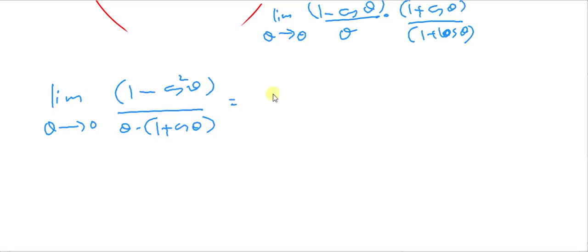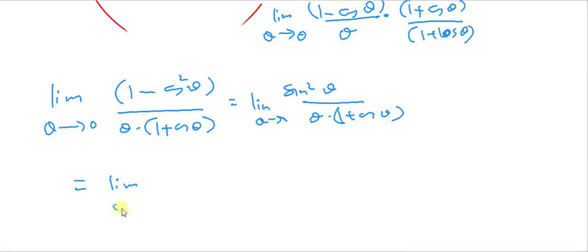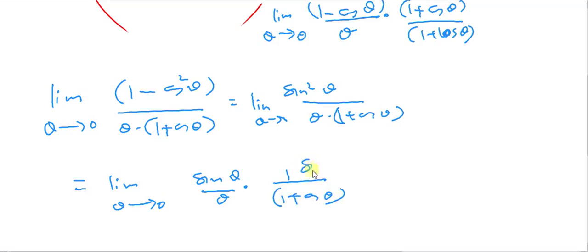So it is equal to sine squared theta over theta times (1 plus cosine theta), and as theta approaches 0, this can be rewritten as sine theta over theta, times 1 over (1 plus cosine theta), times sine theta. We are splitting sine squared theta as sine theta times sine theta.